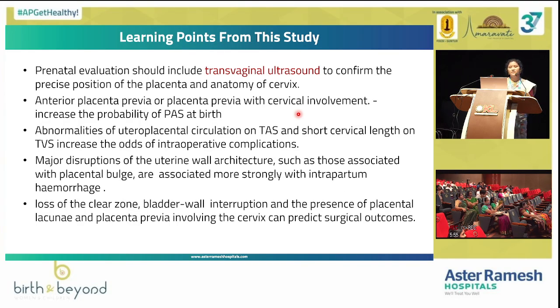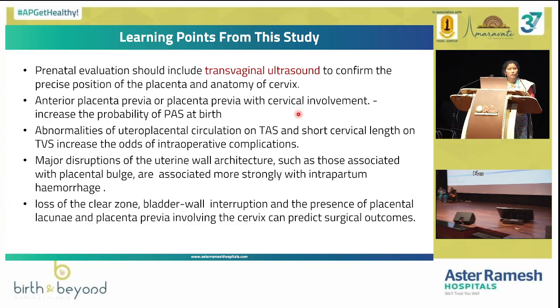So learning points from this Delphi study: we should do a transvaginal ultrasound in the mid-trimester scan, that is in the TIFA scan, to precisely determine the position of the placenta and the anatomy of the cervix. Anterior placenta previa or placenta previa with cervical involvement increases the probability of placenta accreta spectrum at birth.